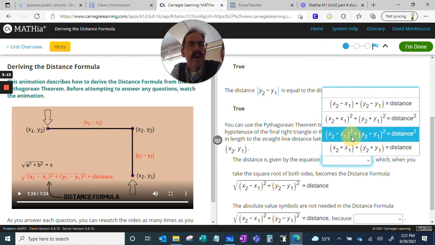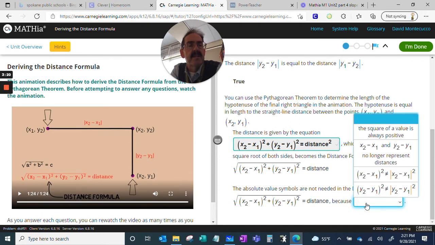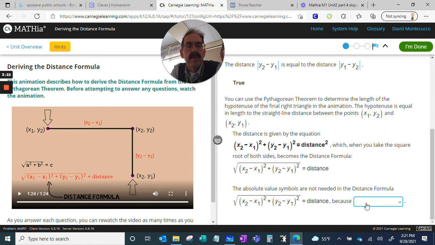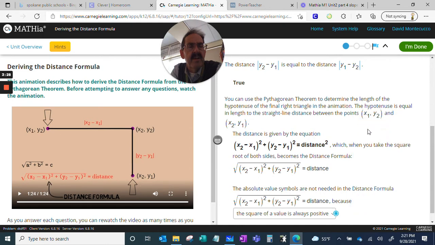Subtract, subtract. Okay, the distance formula, because the square of a value is always positive. All right, so the distance formula, okay?